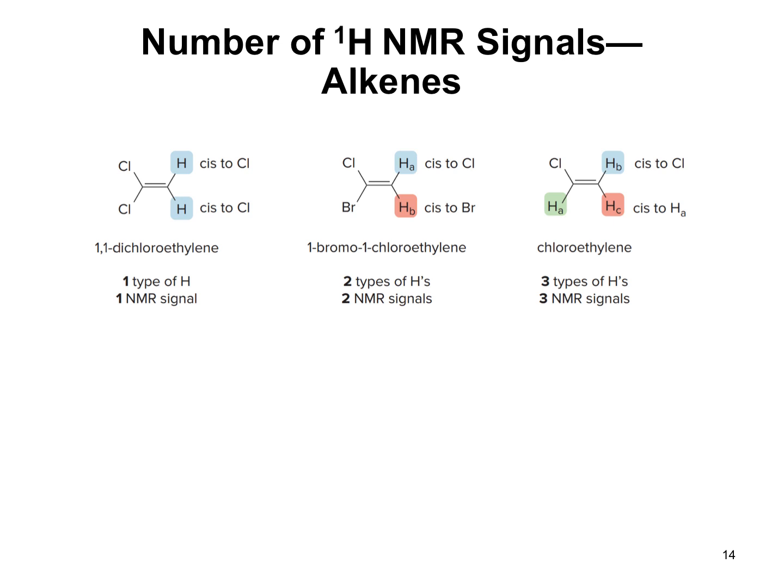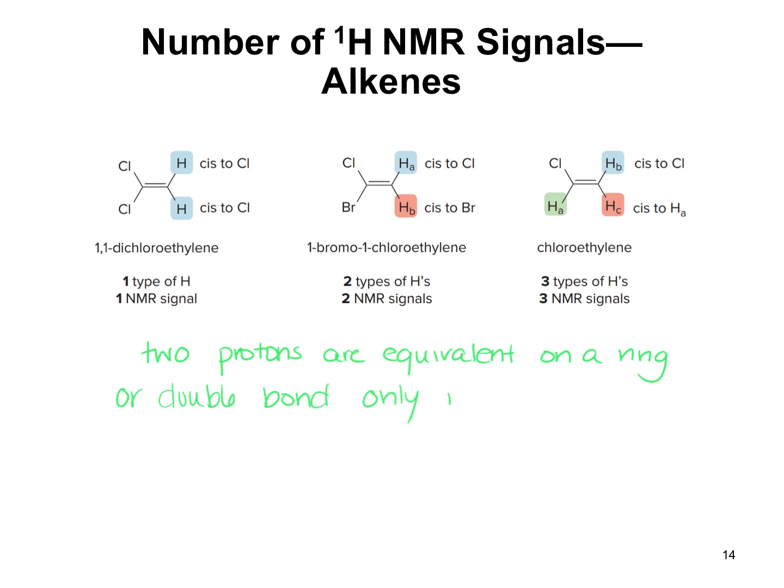So 2 protons are equivalent on a ring or double bond only if they are cis or trans to the same group. Okay, so let's look at an example of this.